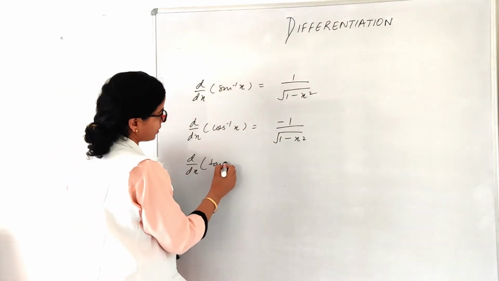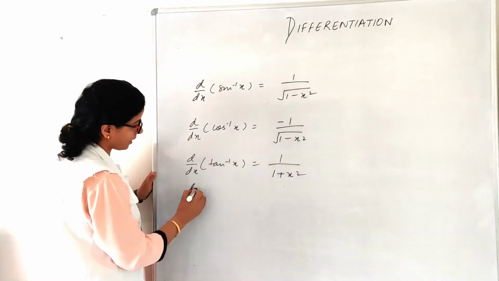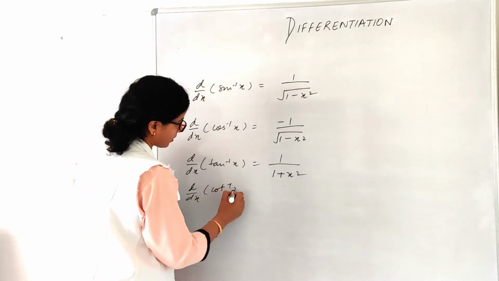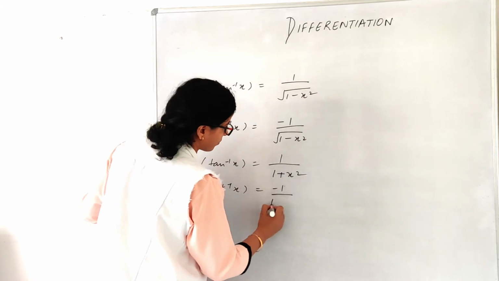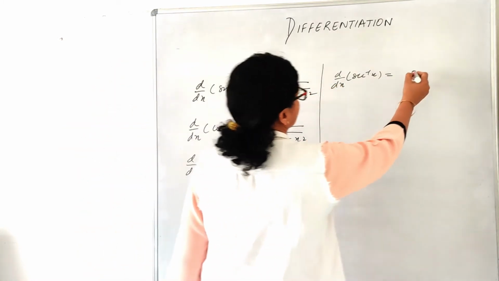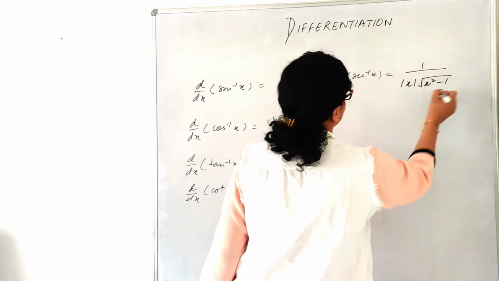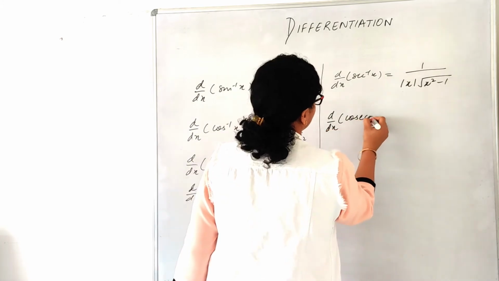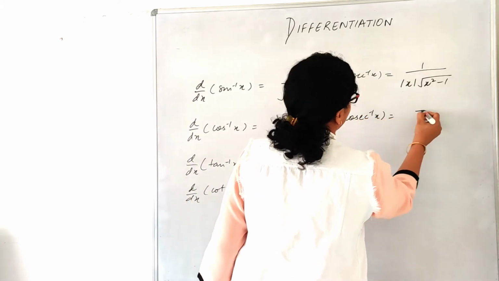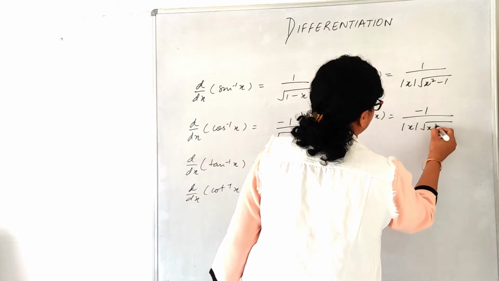The derivative of tan inverse x equals 1 upon 1 plus x square. The derivative of cot inverse x is equal to minus 1 upon 1 plus x square. The derivative of secant inverse x is 1 upon mod x under root x square minus 1. The derivative of cosecant inverse x is equal to minus 1 upon mod x under root x square minus 1.